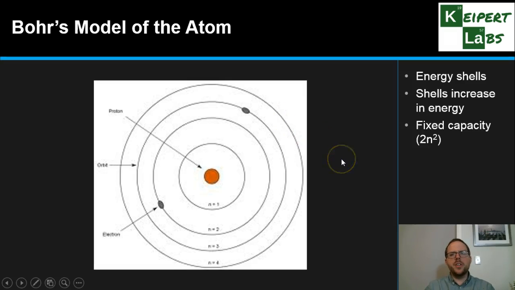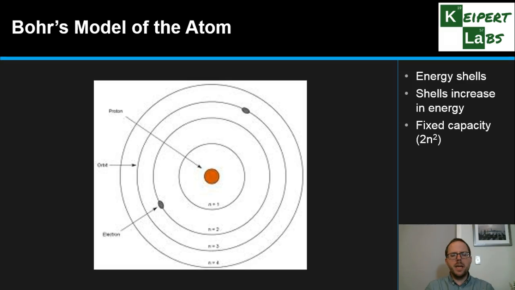And these energy shells have a fixed capacity for electrons, that they can't fill an infinite number, but that number is given by the formula 2n squared, where n is the number of the electron shell. So the first shell can fit 2 electrons, and then 8 electrons in the second, and 18 in the third, and so on.